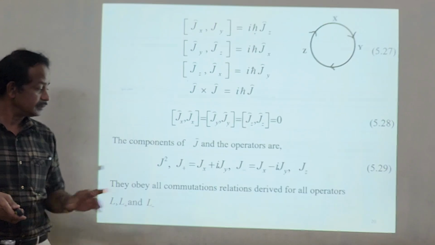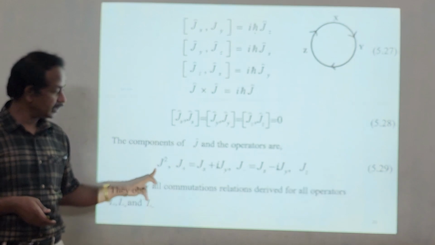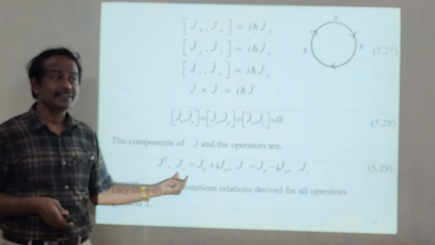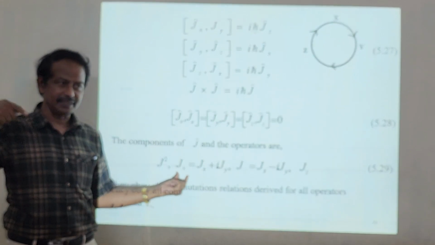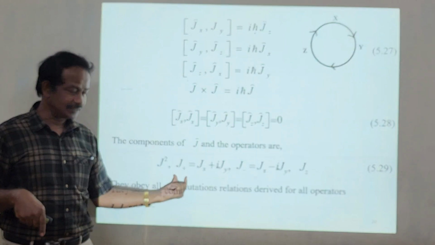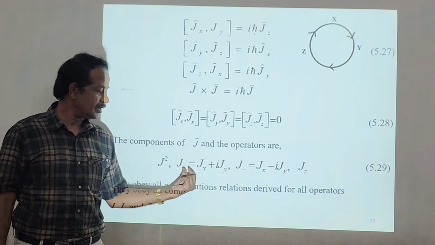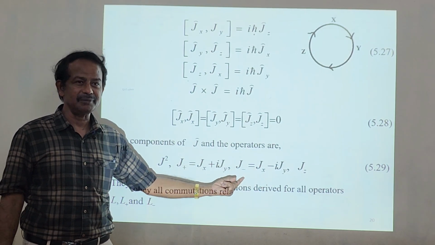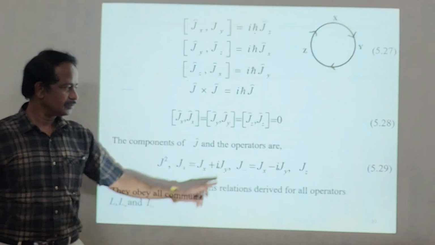So we are going to learn four operators. One is J squared. Another one is the ladder operator. We learnt about L plus and L minus in the earlier class. So this is J plus. J plus equals Jx plus i Jy, and the complex conjugate of J plus will be J minus, which is nothing but Jx minus i Jy.